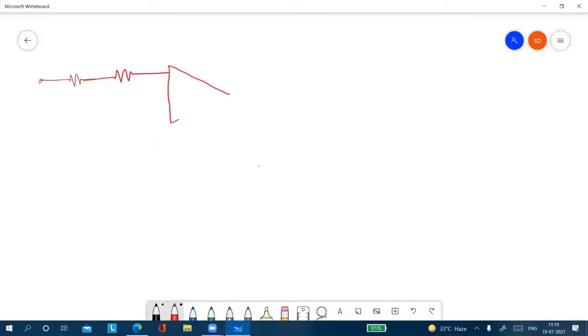We already know the design because that is in our theory class. So the only thing here is we'll learn how to analyze using SPICE. Okay. So this one, let us consider the cutoff frequency is 1 kilohertz.